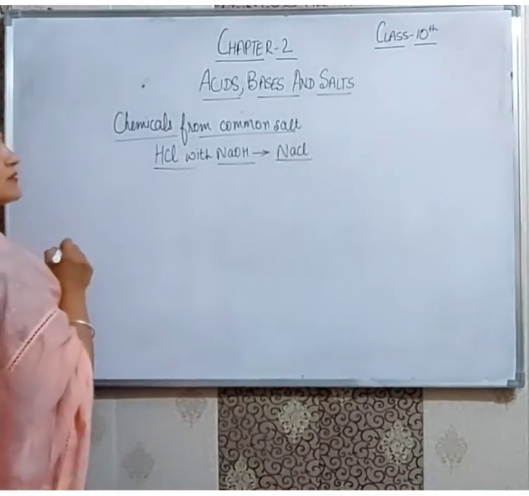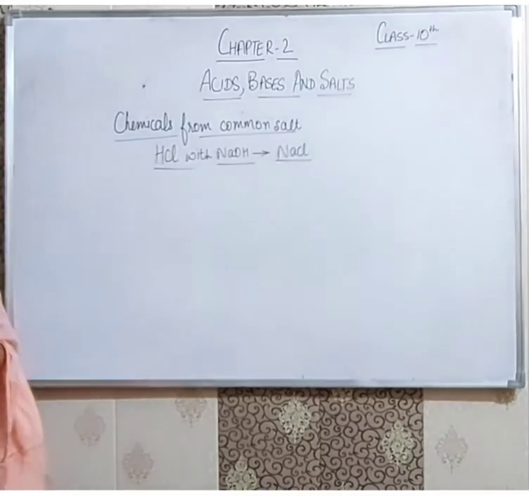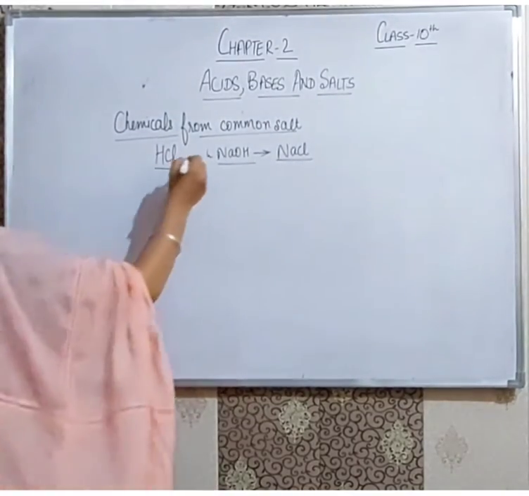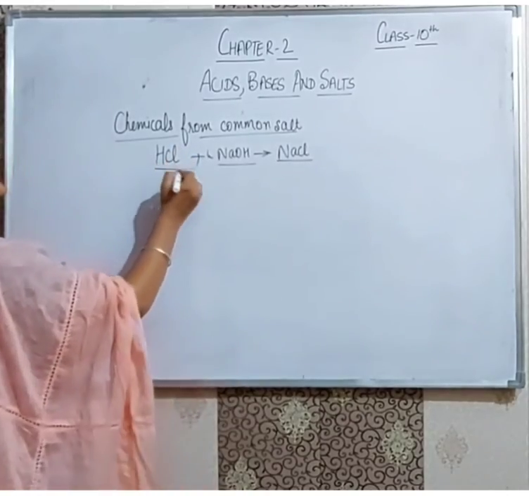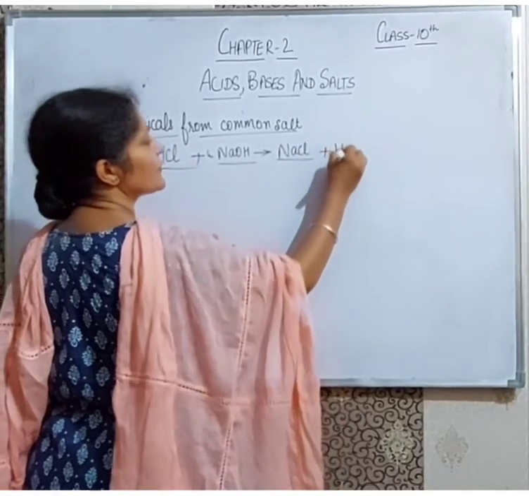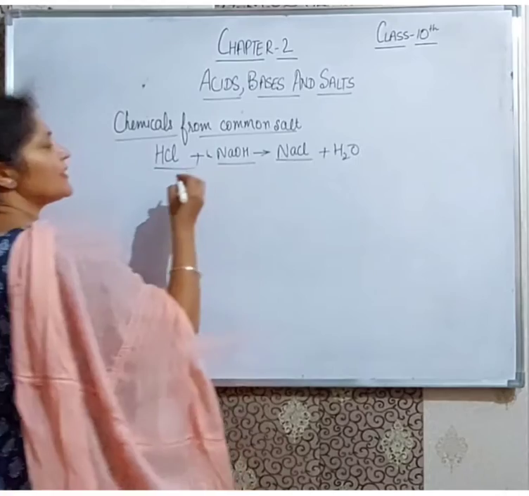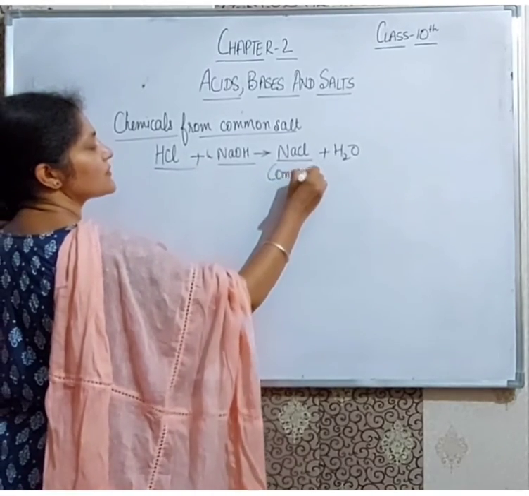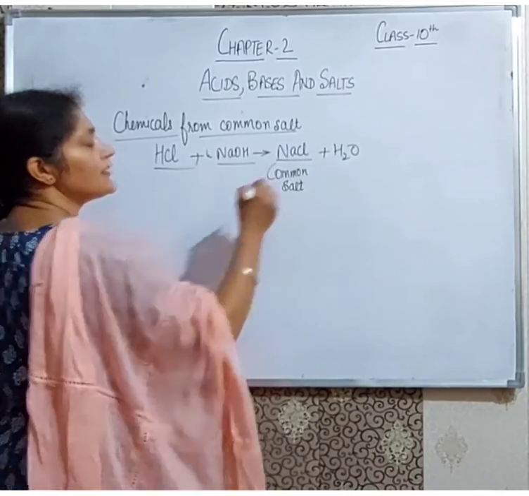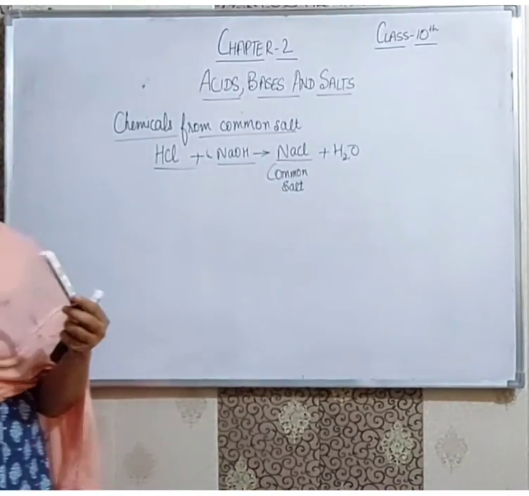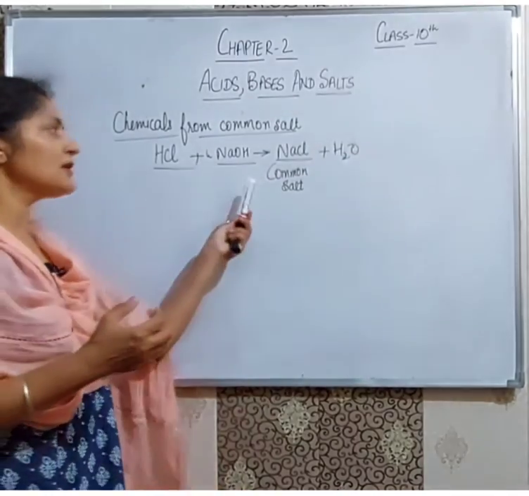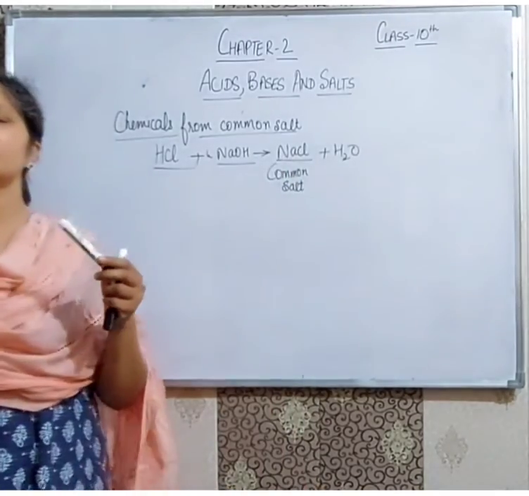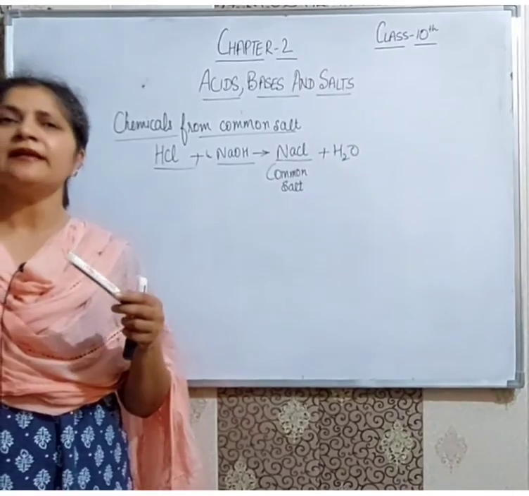This is common salt. We can also write the reaction: HCl reacts with sodium hydroxide. It forms sodium chloride and water. So this sodium chloride is known as the common salt, which is used in our daily food items. Its formula is NaCl.